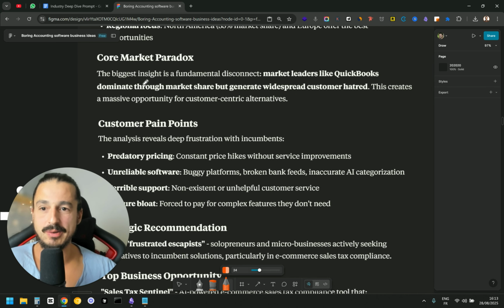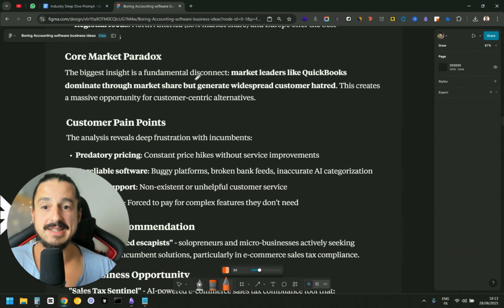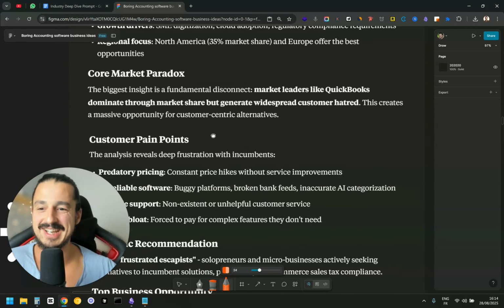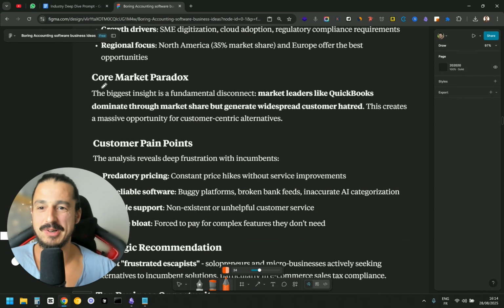Core market paradox: the biggest insight is a fundamental disconnect. Market leaders like QuickBooks dominate through market share but generate widespread customer hatred. This creates a massive opportunity for customer-centric alternatives. These are the first insights that we can start thinking of when building in this market.